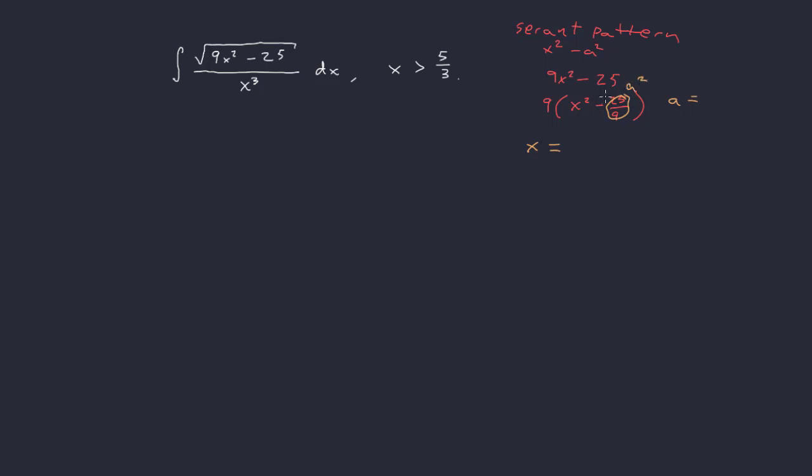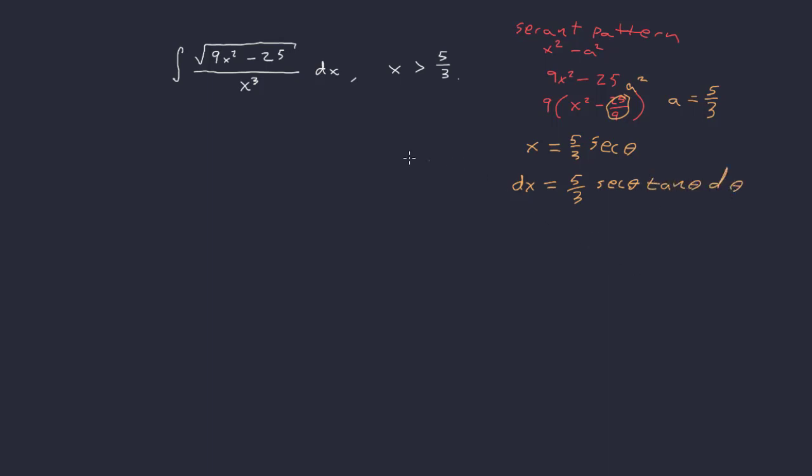If 25 over 9 is our a squared, then our a is 5/3. You'll notice that matches with what we have here, essentially. There are other ways you can deal with this, but in either case, you're going to end up with x equal to 5/3 secant theta, which makes dx equal to 5/3 secant theta tangent theta d theta.